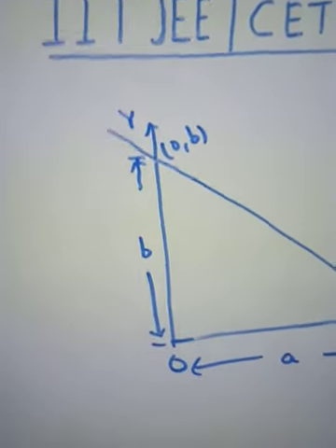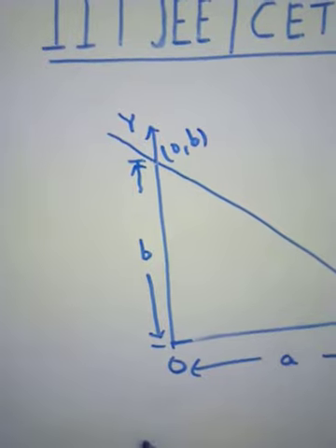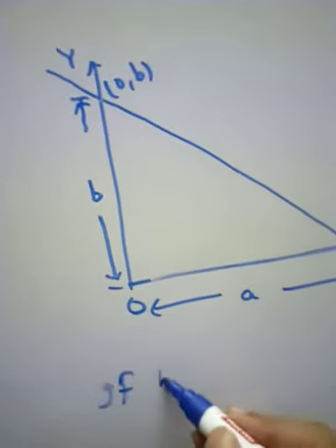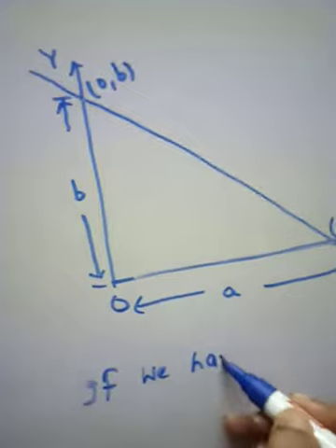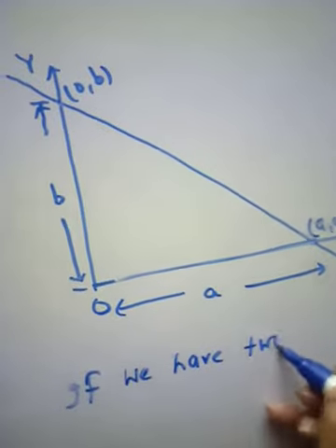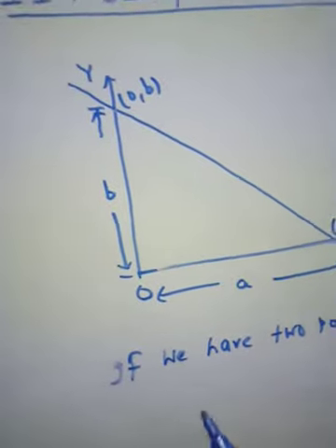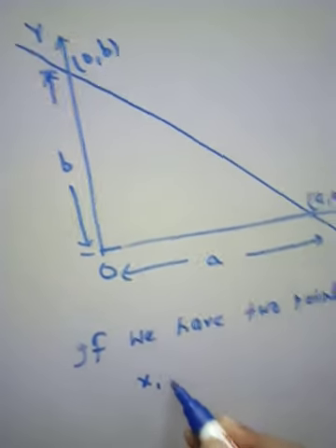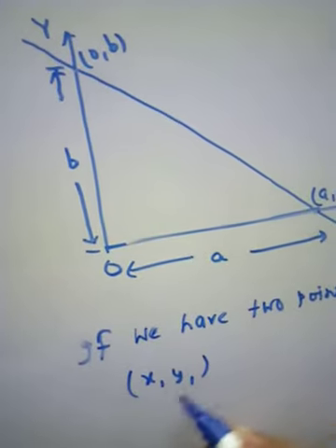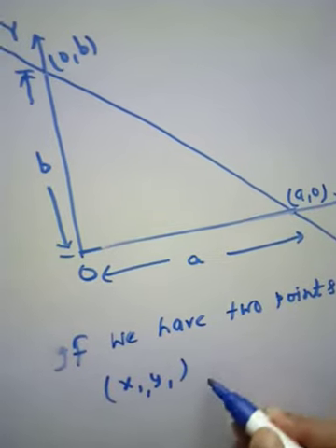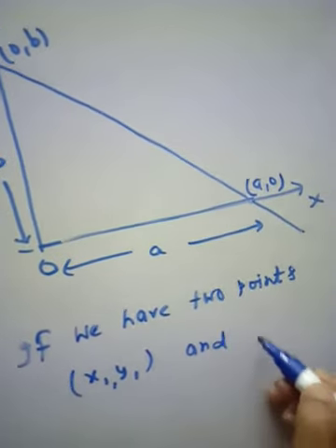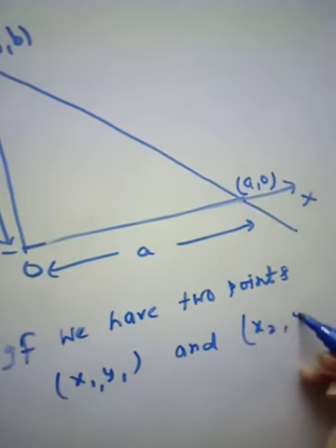So the two-point formula we have: suppose we have two points (x1, y1) and (x2, y2).